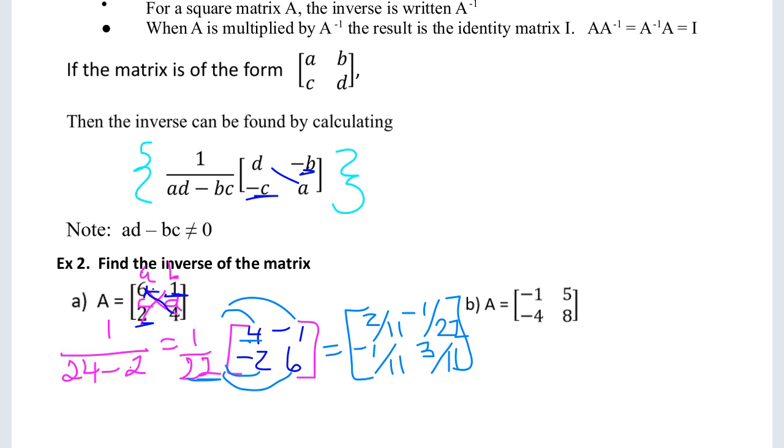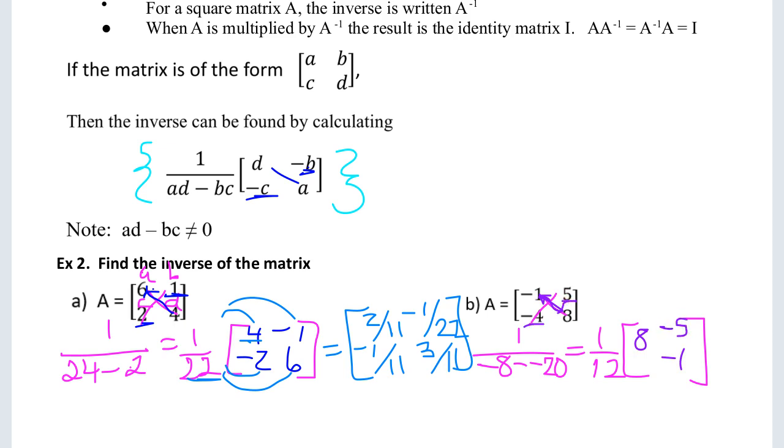All right, we're going to do the next one the same way. Do 1 over -8 minus -20 is 1 over 12. And then we're going to switcheroo these two. So 8 and -1 are going to switch places. And then 5 and -4 are going to switch signs.